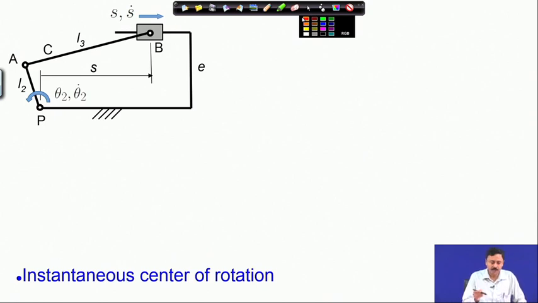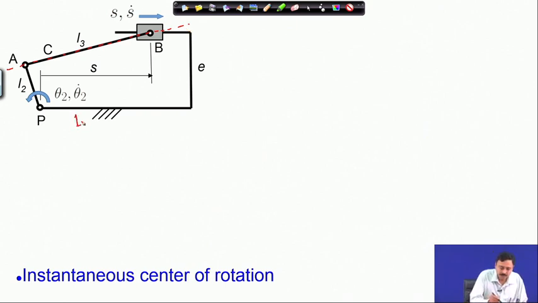The instantaneous center of rotation that I will use for this analysis is I24. Let me mark out, this is 1, this is 2, this is 3, and the slider is link 4. I want to find out I24.